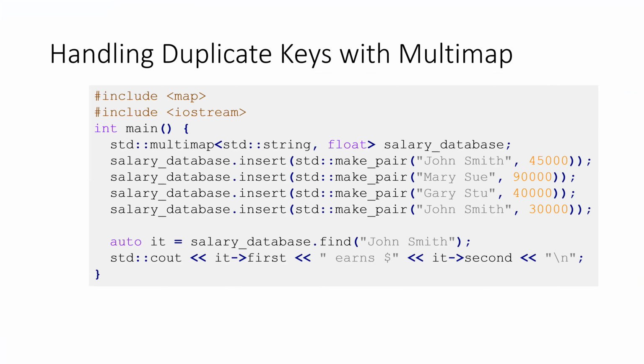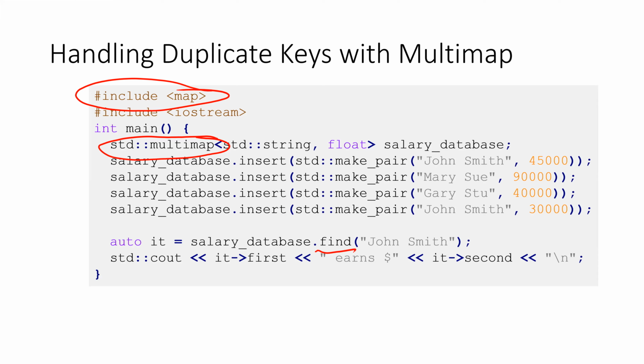Now let's see what we do with this. It's the same header file, and the documentation would tell me that. I basically just change the type of variable I ask for. Instead of asking for a standard map, I now ask for a standard multimap. I insert things the exact same way. I call this find function.